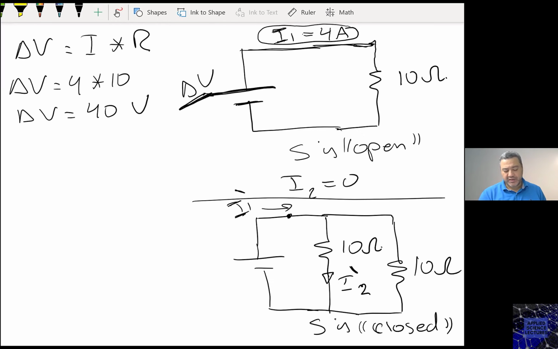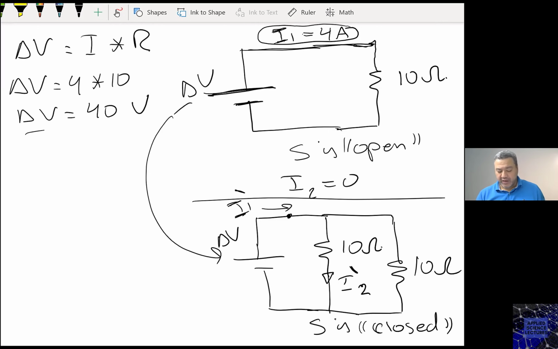Now I can take this delta V that I found from knowing the current when the switch was open and use it here. So when the switch was open, he gave me information that made me calculate this delta V that I'm using in the second circuit.